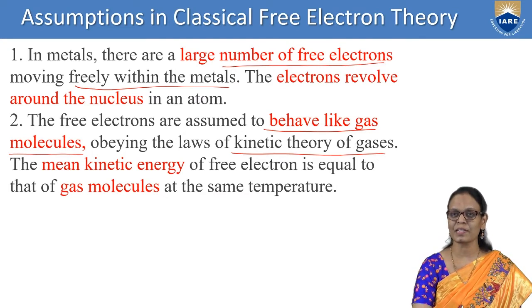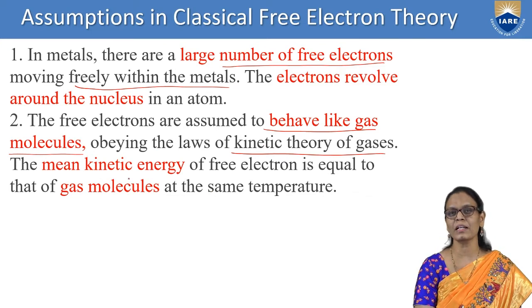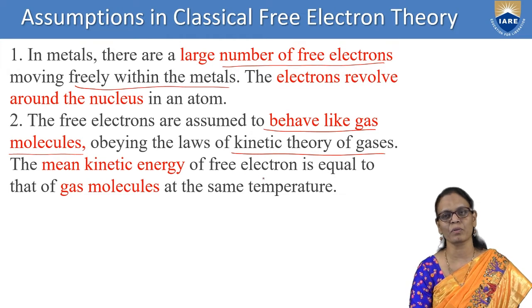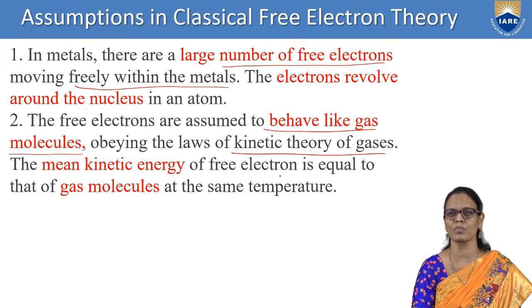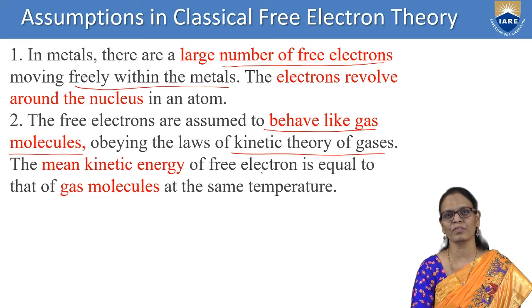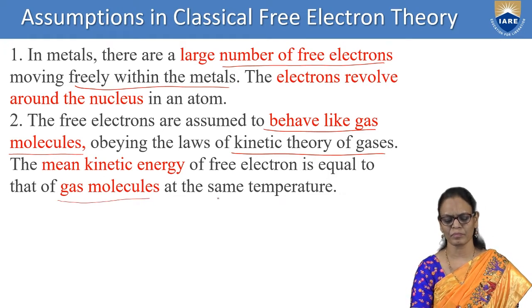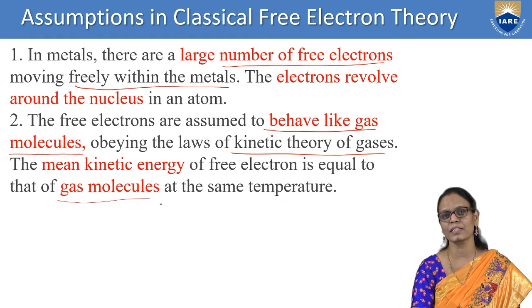Okay, so now they started explaining that these electrons, which are moving like gas molecules, obey the laws of kinetic theory of gases. And the mean kinetic energy of each electron, because now the electrons are moving, they definitely possess kinetic energy. And the mean kinetic energy of the free electron is equal to the kinetic energy of the gas molecules at that temperature.